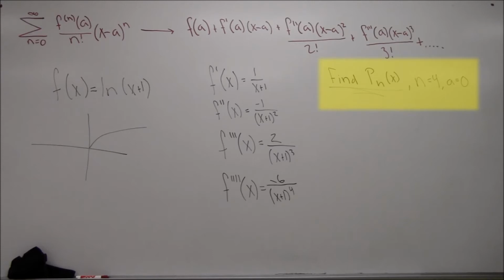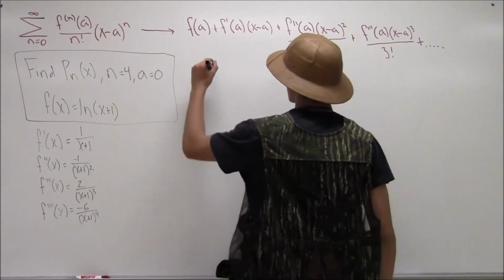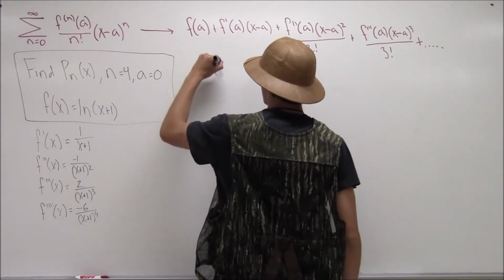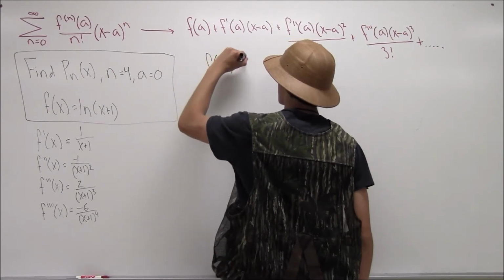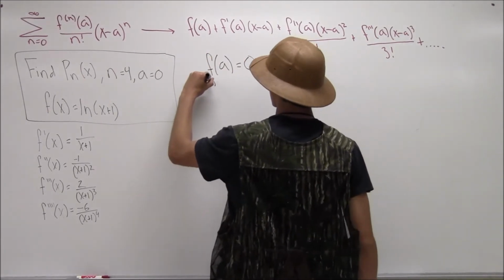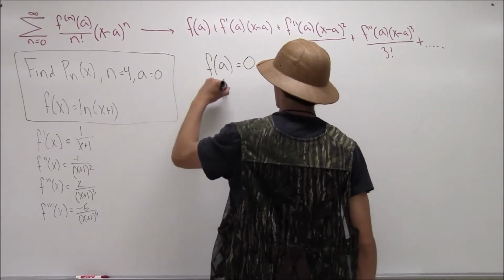Now, what Erik is trying to find is the Taylor series polynomial with the notation of p sub n of x when n is equivalent to 4 and a is 0. Next, Erik will find the value of his function and first four derivatives when a is equal to 0.